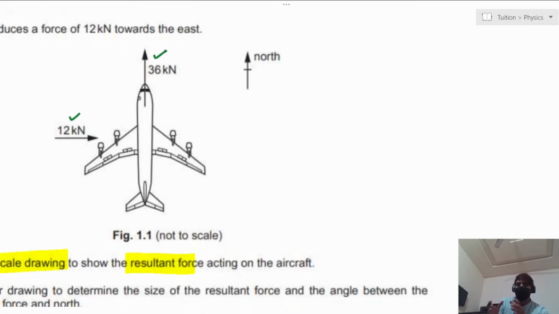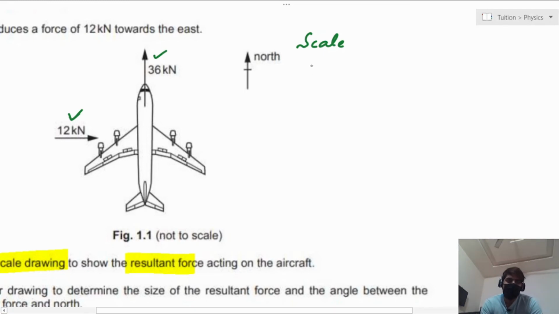There has to be a certain length of that line. Now we have to draw a scale by which we can say how many centimeters the line of this force would be, and how many centimeters the line of this force would be. So in order to have uniformity, you need to make a scale.